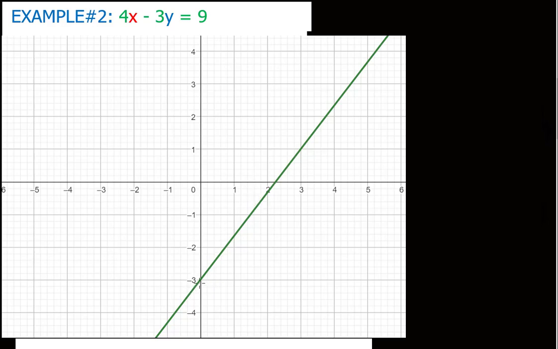This point is on the line, because x is 0 and y is -3. We can also choose this one on the line, where x is 3 and y is 1.